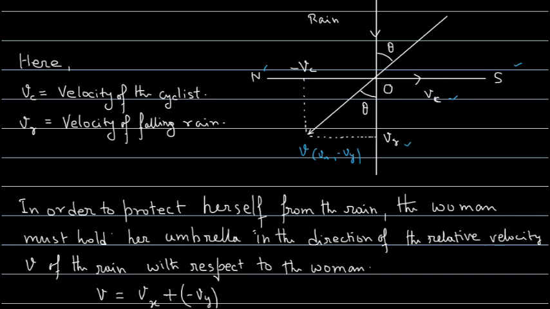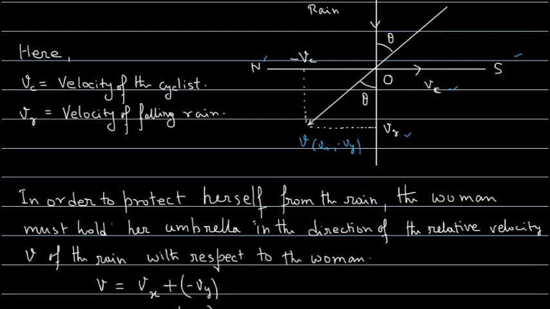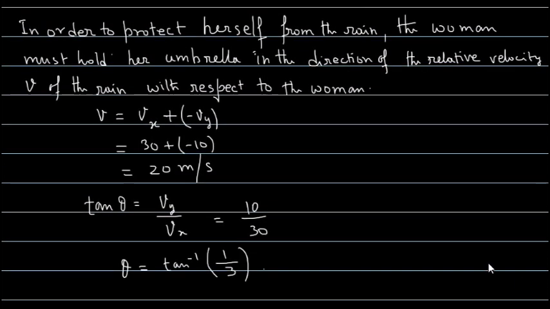We can write the velocity as Vx is equal to 30, Vy is equal to minus 10, and tan theta is equal to Vy by Vx.